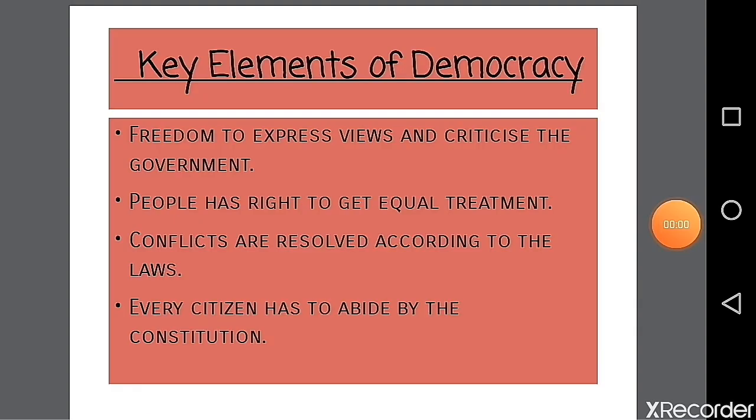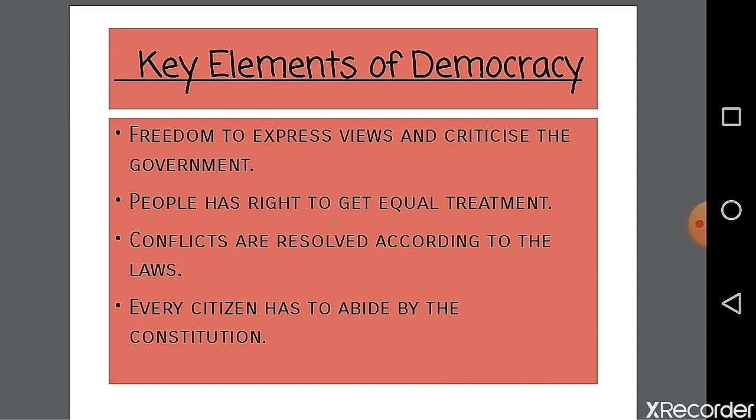So now we will talk about key elements of democracy. In this lesson, we are going to learn what are the special features of democracy that make it different from other forms of government. I will talk about the most important point, and that is that we have the right to speech.